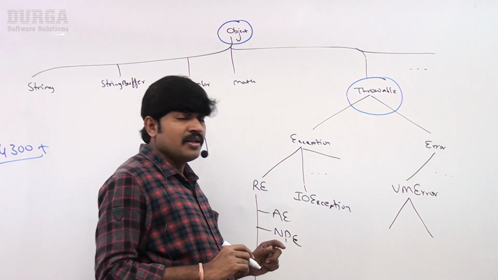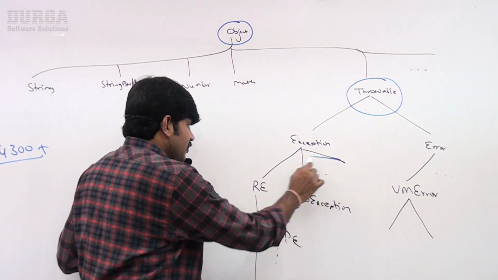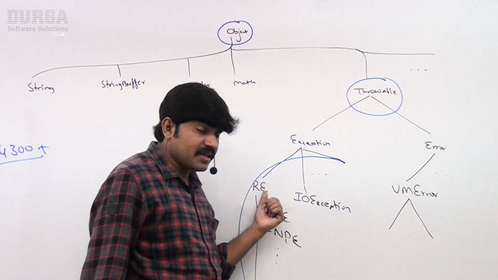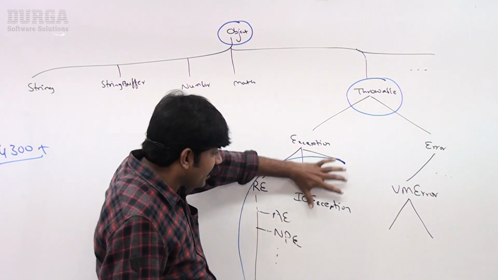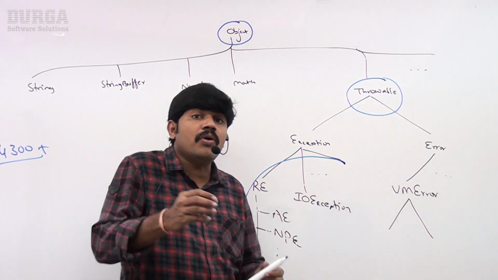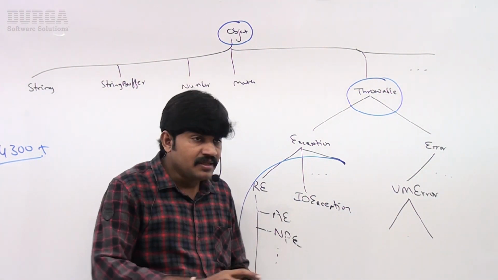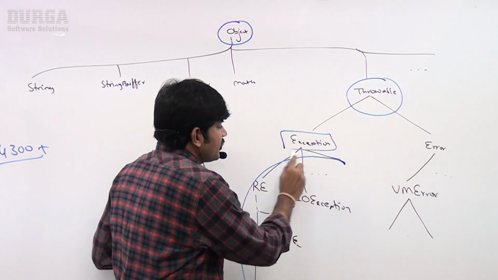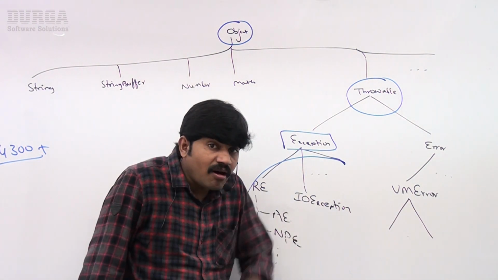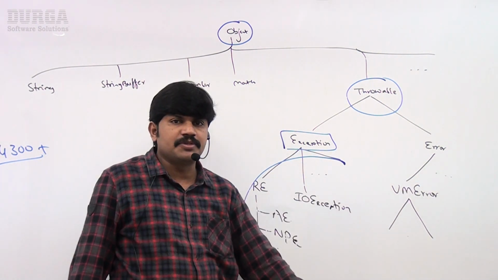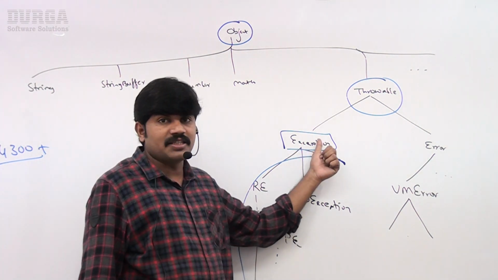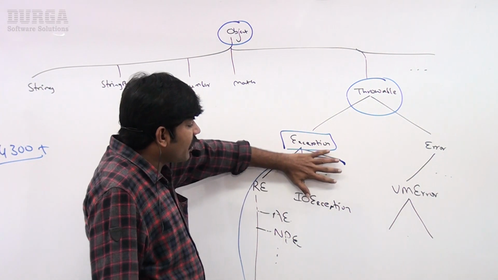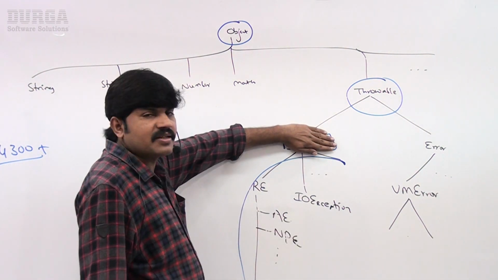Do you know, for all exceptions, it may be RuntimeException, IOException, SQLException, for all exception classes, the most commonly required methods are defined inside the Exception class. Remember that. So for all exceptions in Java, the most commonly required methods are defined inside the Exception class, and for all these things, these methods are required.